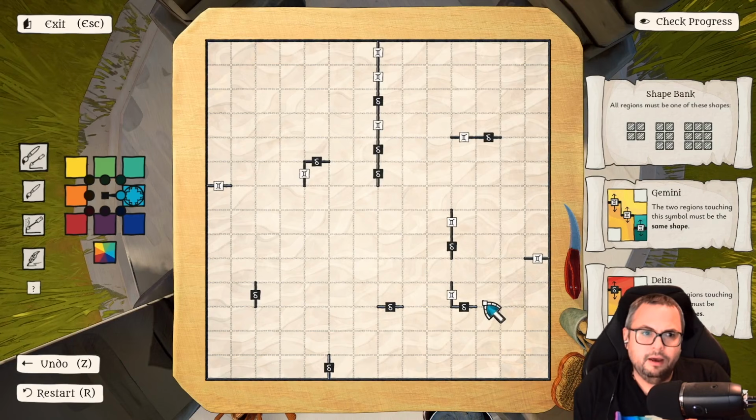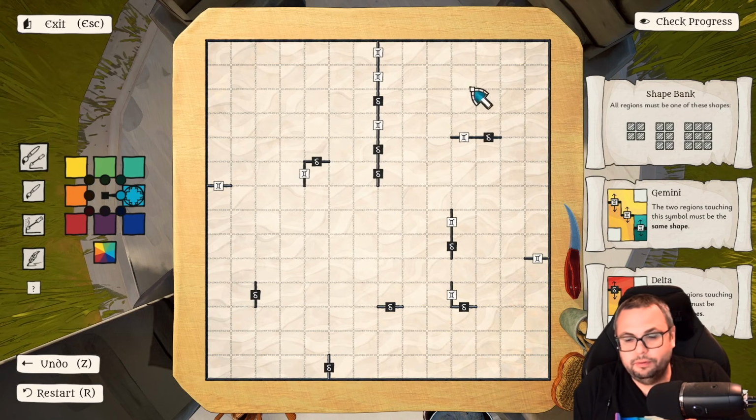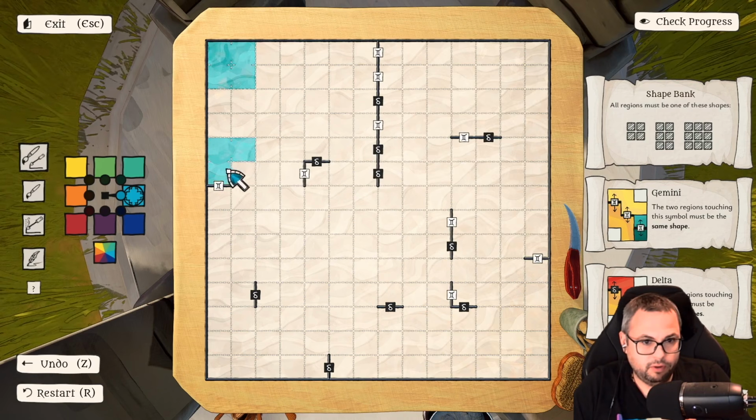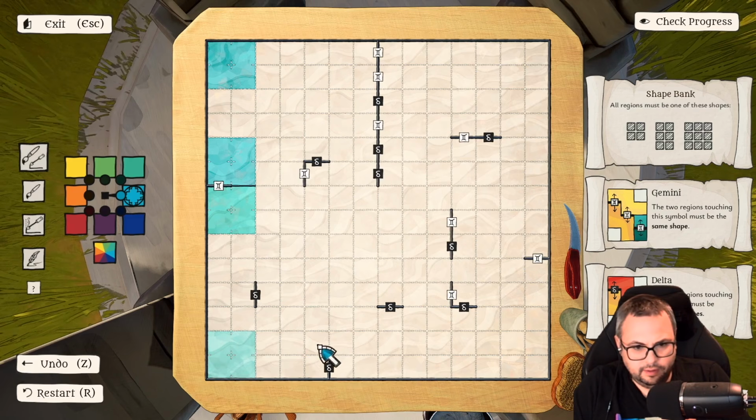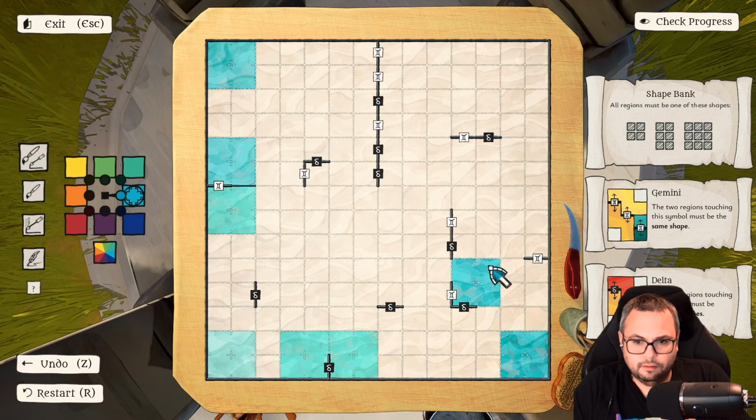We'll see. Okay. All regions must be one of these shapes, so we can at least do the corners, which always have these kinds of things in them.